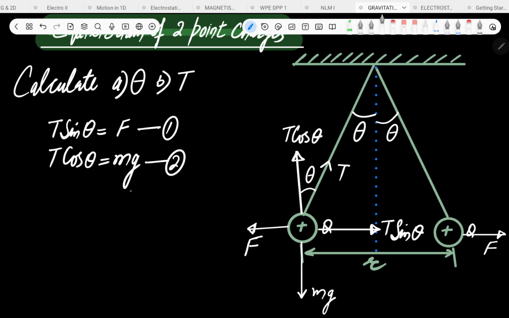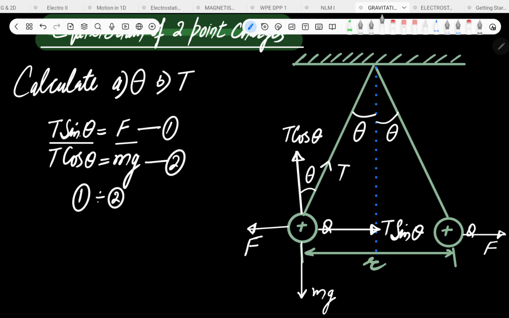Now what I am in search of is theta. To calculate theta, I will divide these two equations, equation one divided by equation two. When I divide these two equations, I will get rid of the tension.